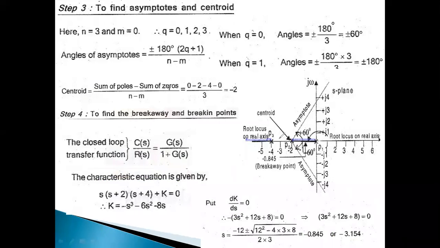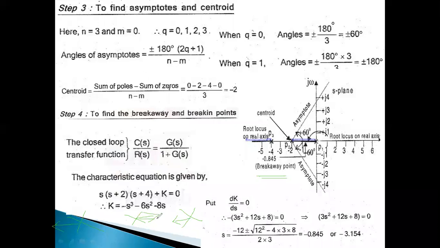So what is the need of the breakaway point? That means a root locus branch always starts at the open loop poles. That means at these 3 poles, this root locus branch is moving in this direction on the real axis, and this root locus branch is moving in this direction. Here the root locus branch is moving away from this point.